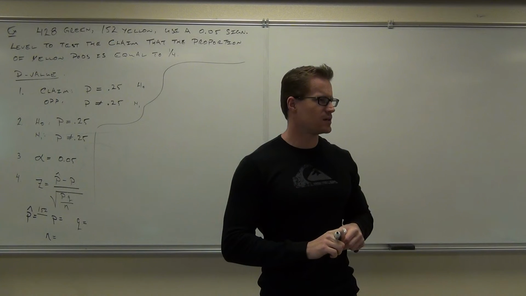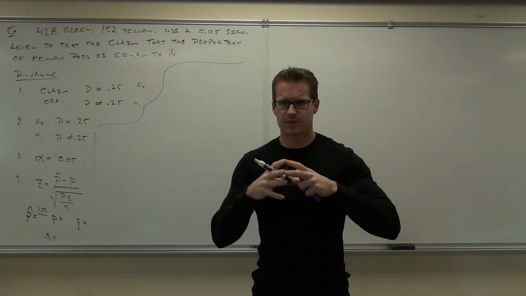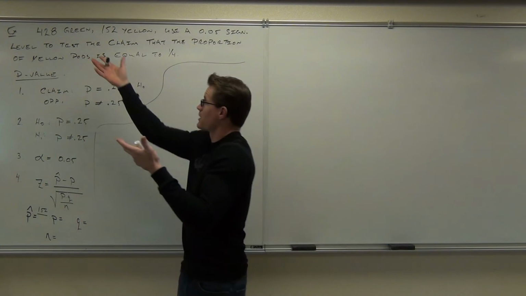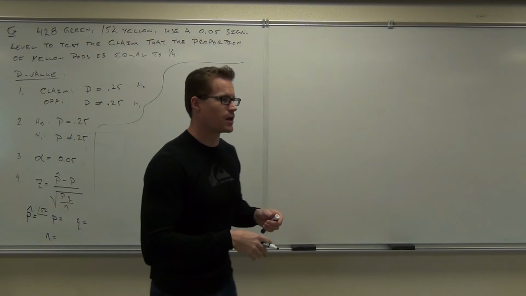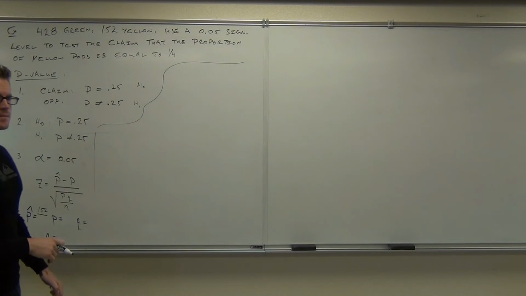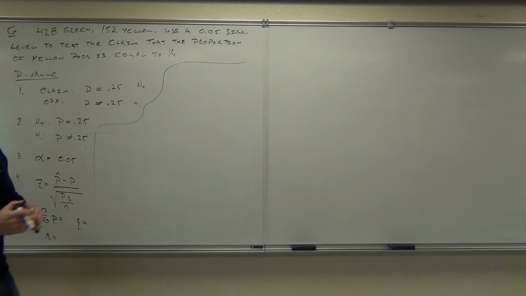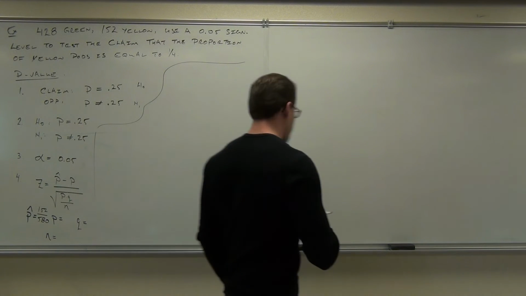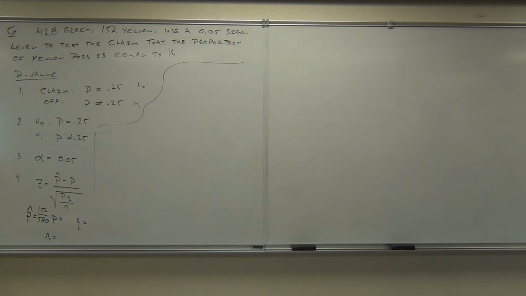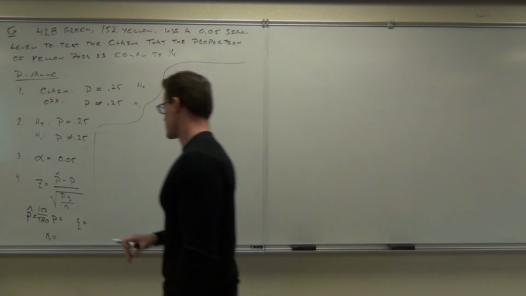How are you getting the 580? If we add those up, that's how many pods total. Because yes, it says 428 green pods, but that's not all the pods, is it? And if we divide that 152 by 580, we're going to get 0.26.